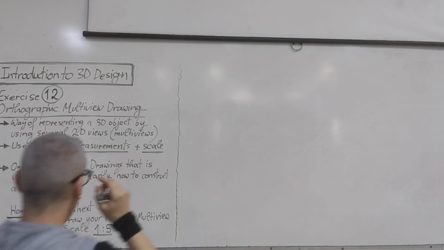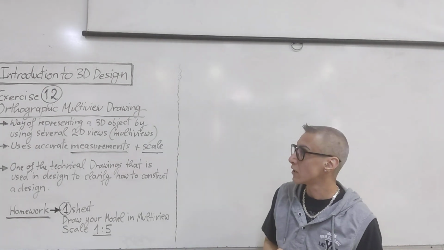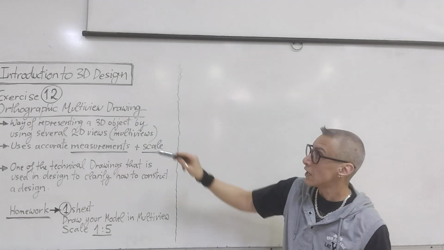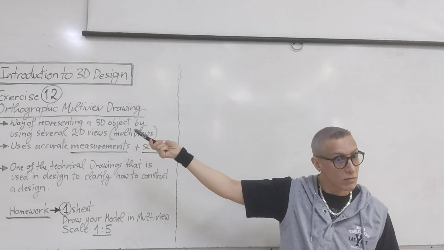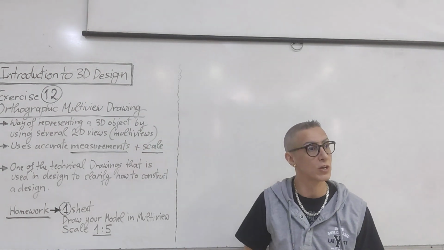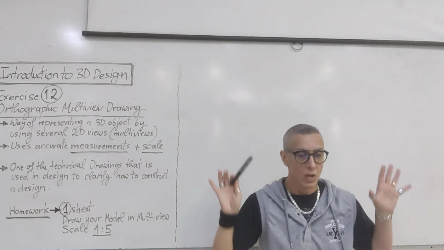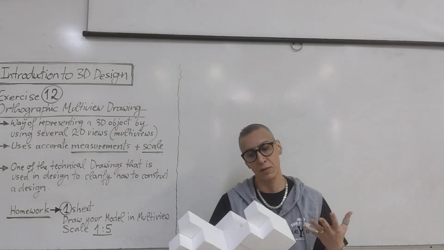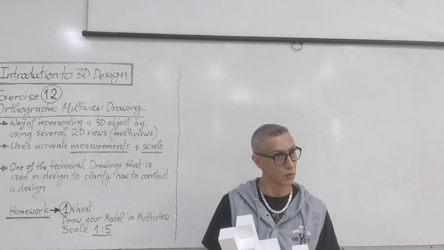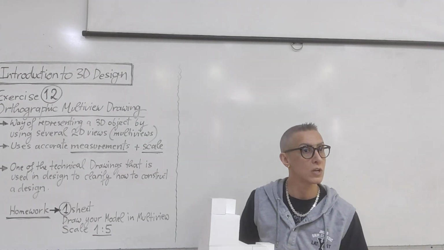So, now, what is an orthographic multi-view drawing? It is a type of drawing in which you present a 3D object. This is a three-dimensional object. You present it by using several views. So, if this was, for example, an object that you designed, okay? Now, if you look at it from each view, it will look different.